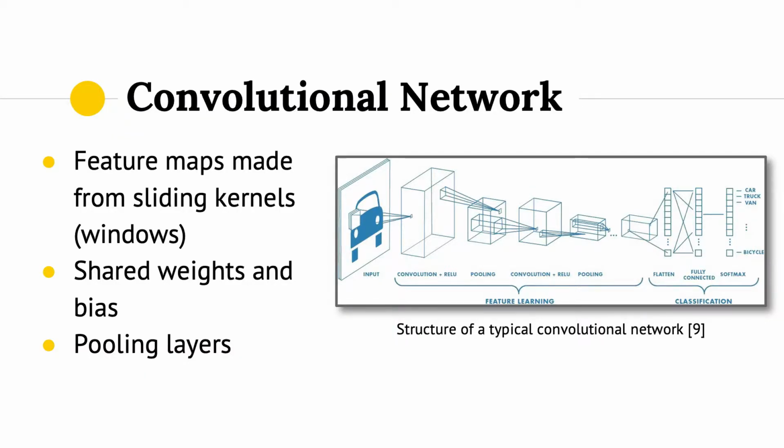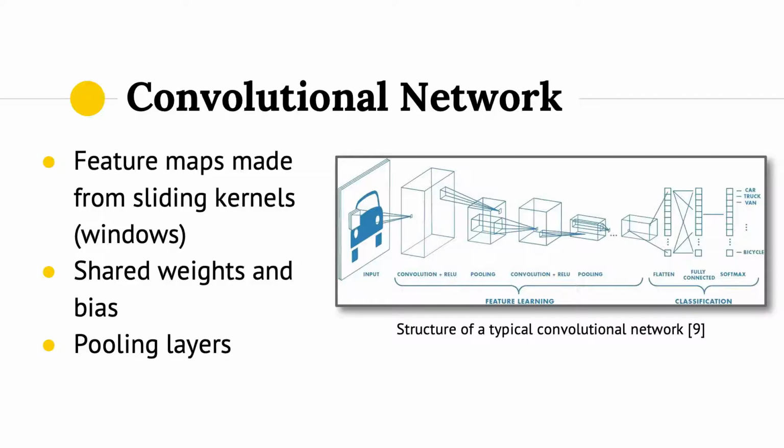It uses shared weights and biases to generate what is called a feature map. This feature information is passed through what are called pooling layers, which only pass forward the most important feature information, which lowers the amount of parameters and makes training easier and more efficient. In the picture is depicted a typical convolutional network.